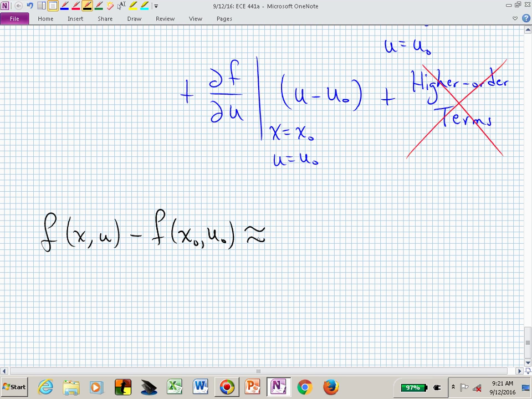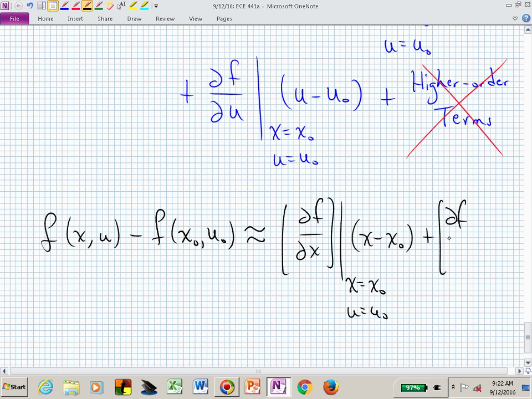And since we are throwing away the higher order terms, now we have an approximation of partial of f with respect to x evaluated at x equal x naught, u equal u naught, times x minus x naught, plus partial of f with respect to u, again evaluated at x equal x naught, u equal u naught, and that's u minus u naught.